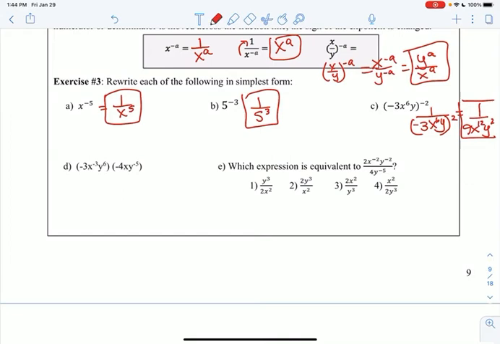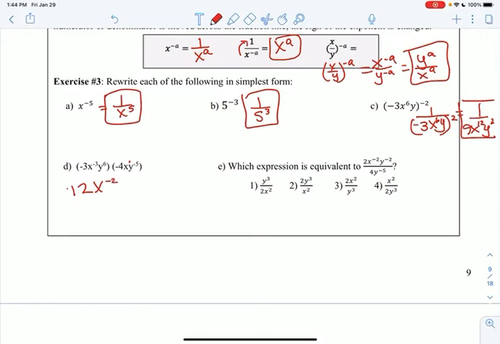D, I'm going to multiply those numbers, so negative 3 times negative 4 is 12, and I'm going to multiply x to the negative 3 times x to the 1, because that's a 1 right here. Oh, when I'm multiplying, sorry, I'm not multiplying the exponents, I'm adding the exponents. So that's 12x, now I add the exponents, so it's x to the negative 2.